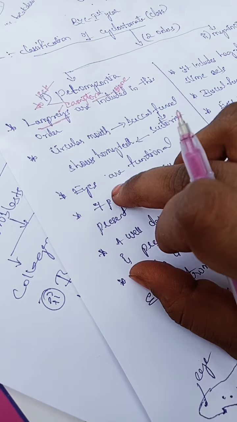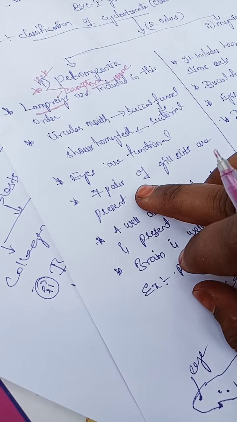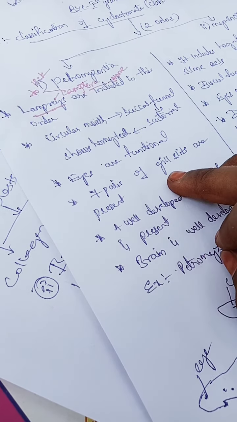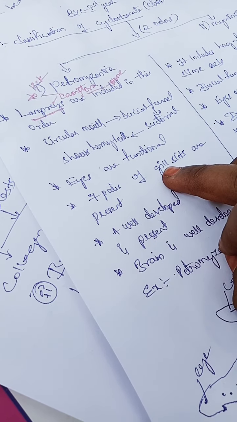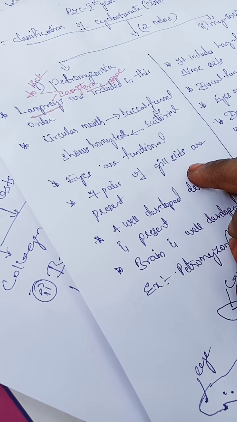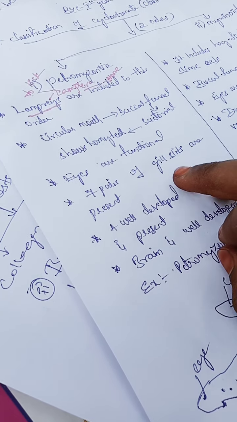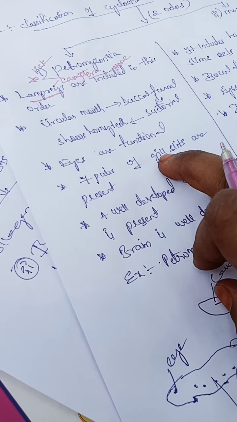Petromyzons or lampreys have eyes that are functional. They have 7 pairs of gill slits, present along either side of the pharynx, so we call them pharyngeal gill slits, which is an important chordate character.